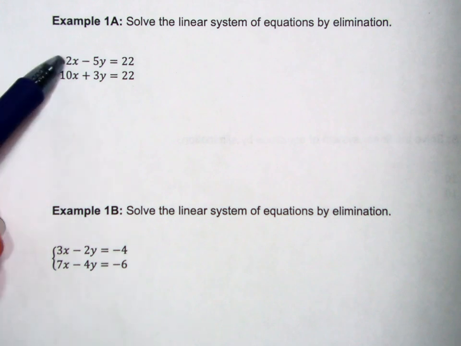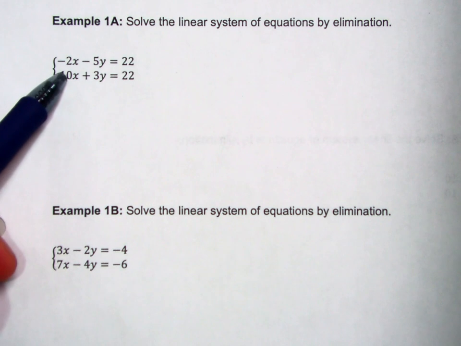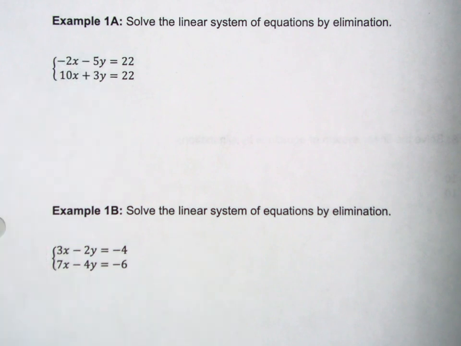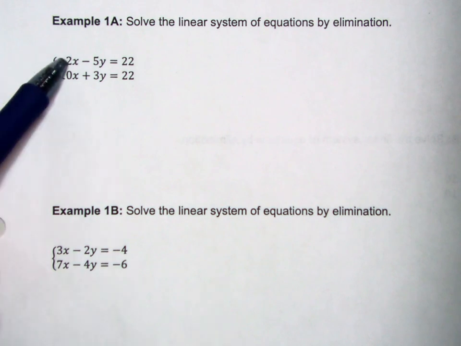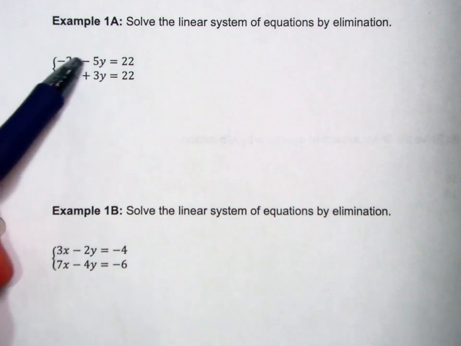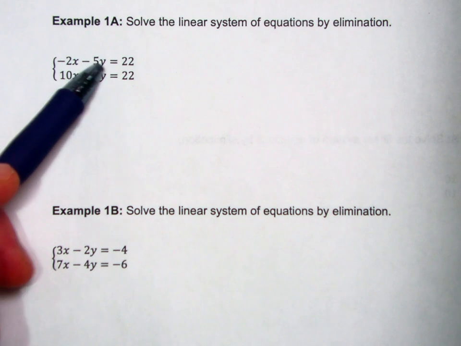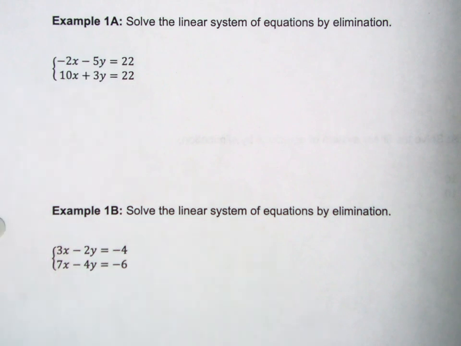But I can't just change my negative 2x into a 10 without changing the rest of the equation, because otherwise I'm changing my values of x and y. So whatever I multiply or divide, because sometimes I might choose to do division, whatever I multiply or divide this x by is the same thing that I must multiply my 5y by, and it's the same thing that I need to multiply the 22 that's on the right-hand side by as well.